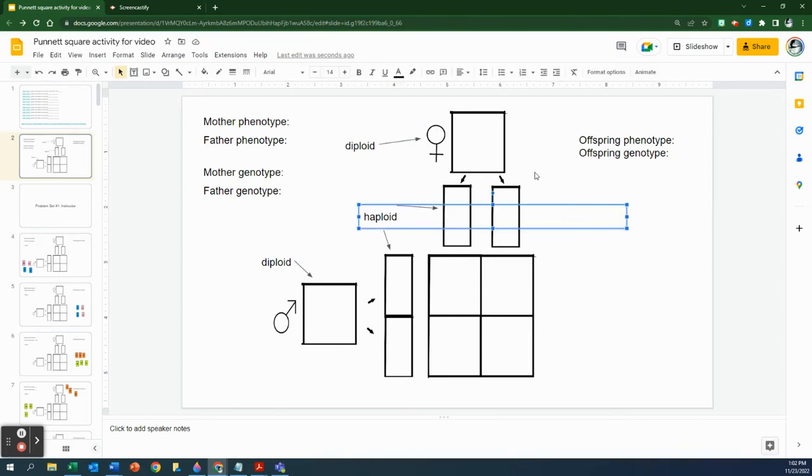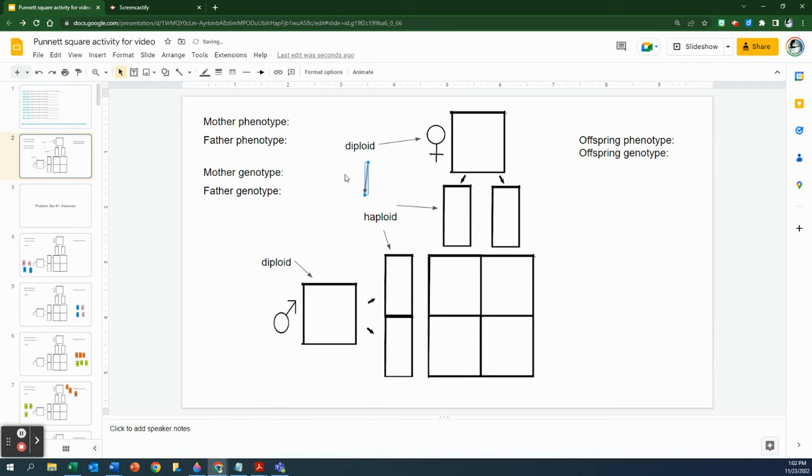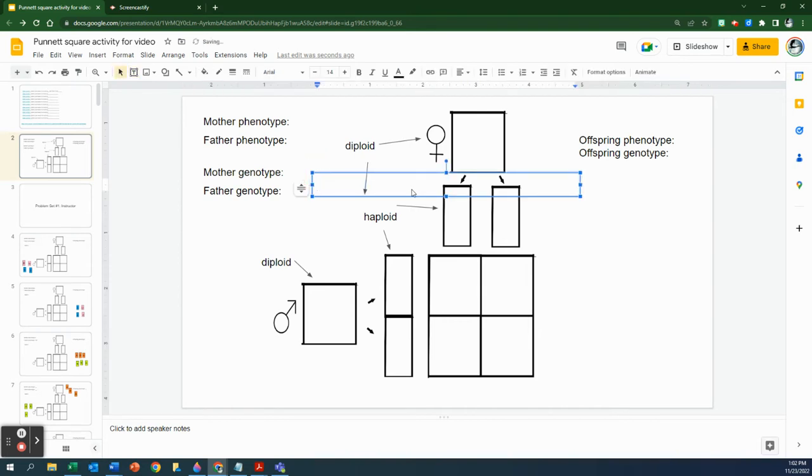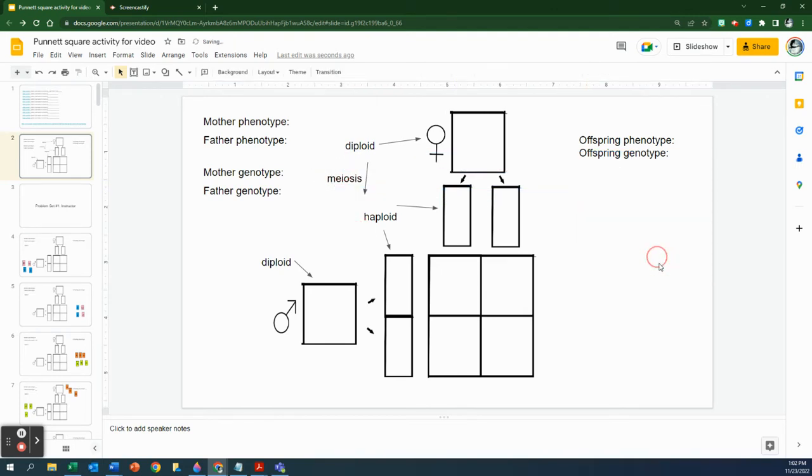This process here to get from diploid to haploid, this is a time arrow now, that process is called meiosis. Just in case you're trying to get connections between mitosis, meiosis, and all that kind of stuff.